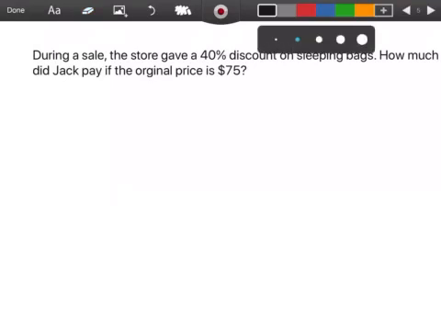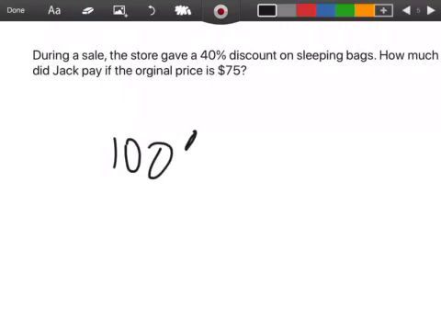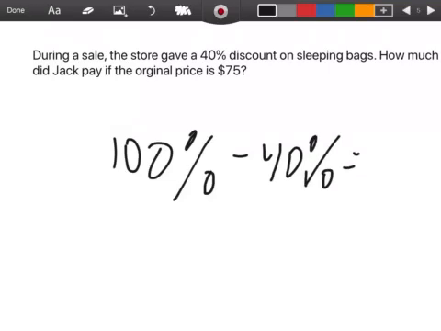So the other way I want to show you is that the sleeping bag had a 40% discount. It cost 100% minus 40%, which equals 60%. So we're trying to find 60% times 75, and then that's the answer.